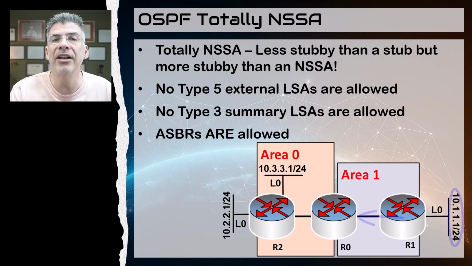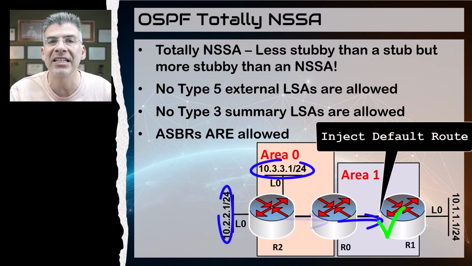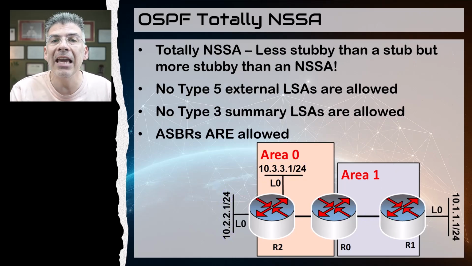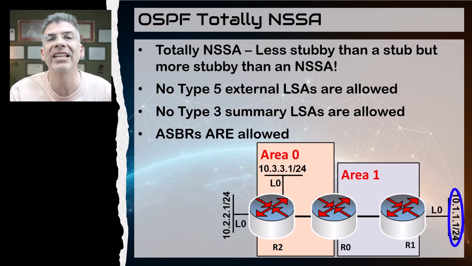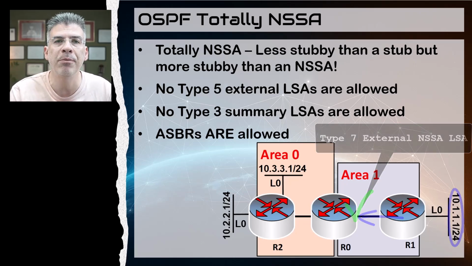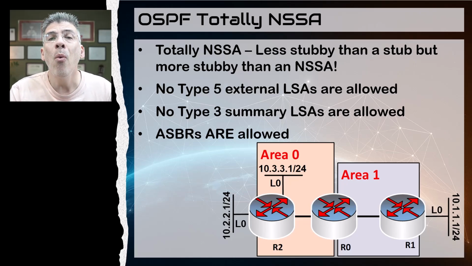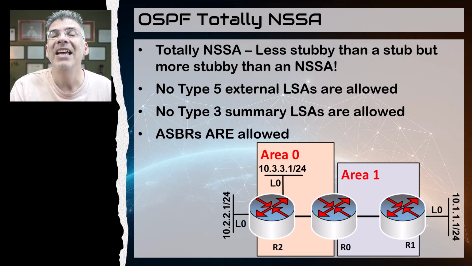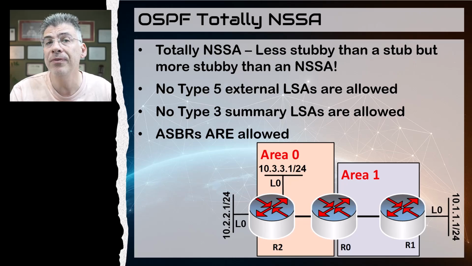The result is that R1 receives a default route representing all of these networks here that is pointing to R0, but it is able to share this external route with a Type 7 LSA to R0 and to the rest of the OSPF topology.